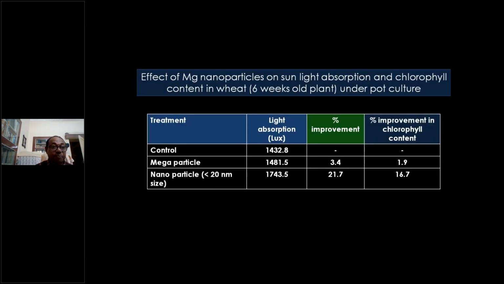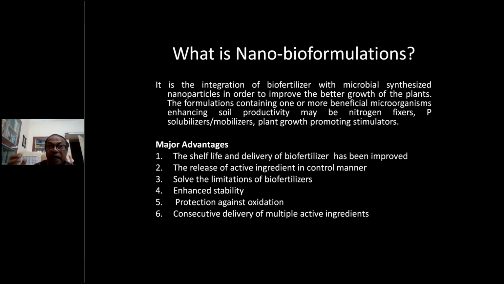Again, with magnesium and titanium dioxide nanoparticles, we found that light absorption is increasing by 21%, and chlorophyll content is improving with the application of this magnesium nanoparticle. You can make this nanoparticle as a nanobio formulation. It is the integration of biofertilizer with microbial synthesized nanoparticles in order to improve the growth of the crop.